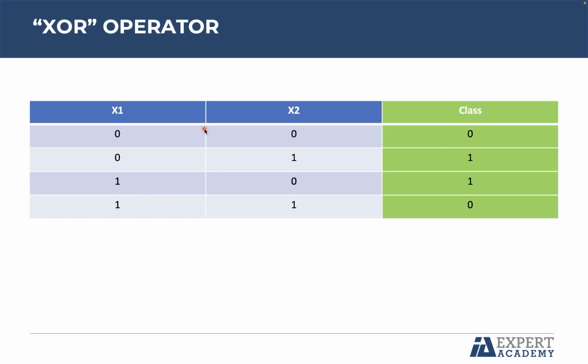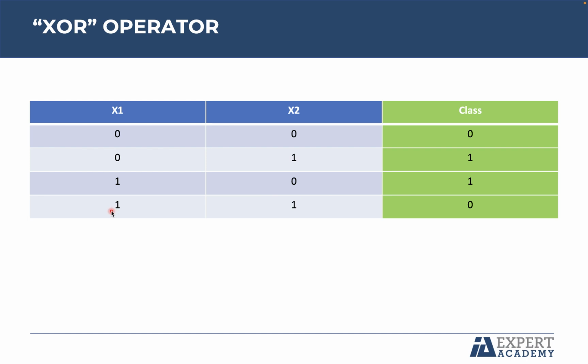We will consider now the XOR operator. If x1 and x2 are 0, the expected output is 0. x1 0 and x2 1, the expected output is 1. The third row, x1 equals 1 and x2 equals 0, the expected output is 1.